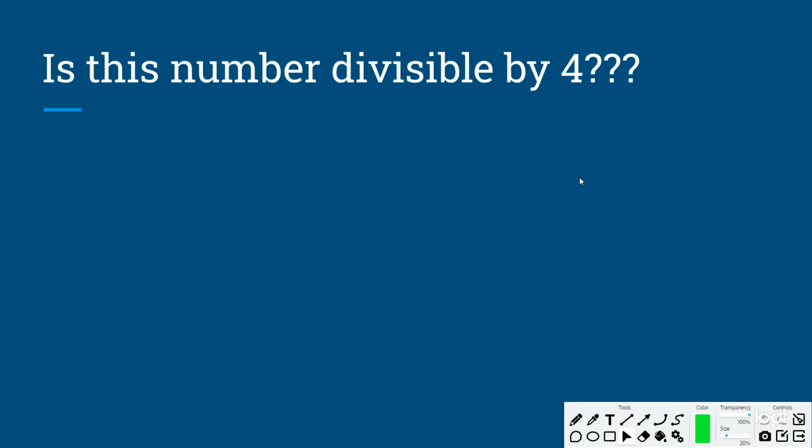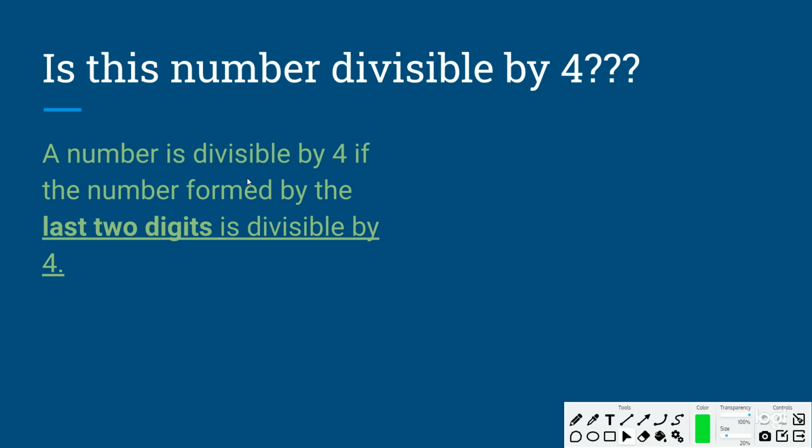The next one is the rule for divisible by 4. A number is divisible by 4 if the number formed by the last two digits is divisible by 4. So we have to look at the last two digits, which is the tens place and the ones place. And if that number is divisible by 4, then that entire number is divisible by 4.